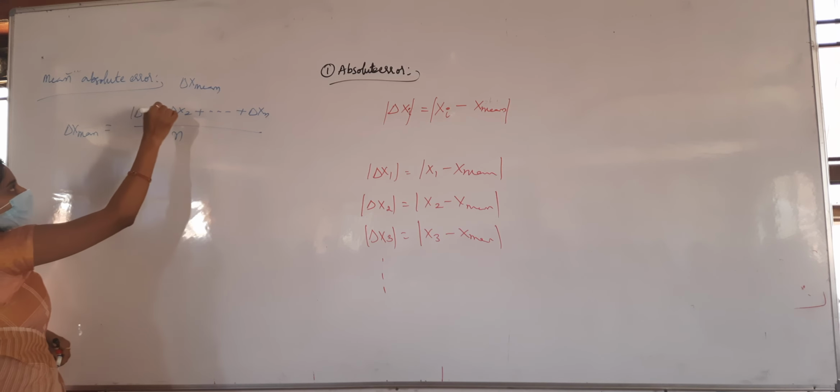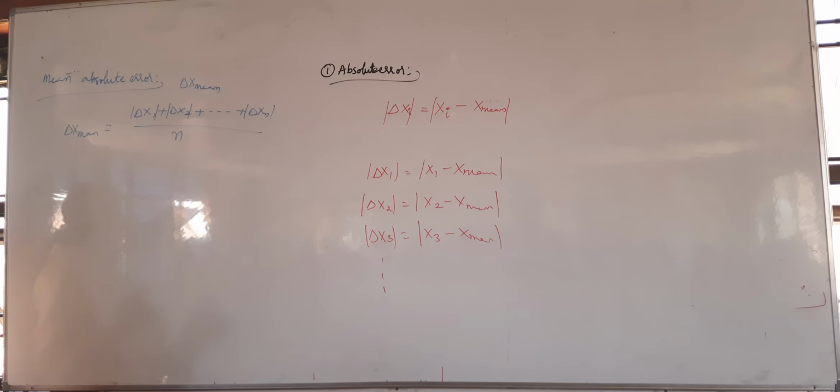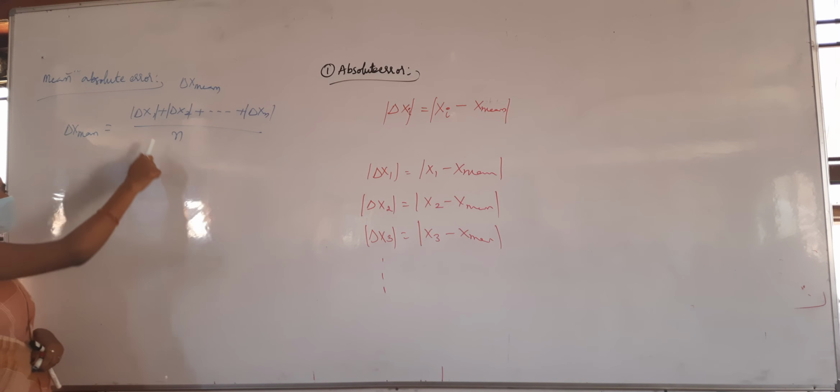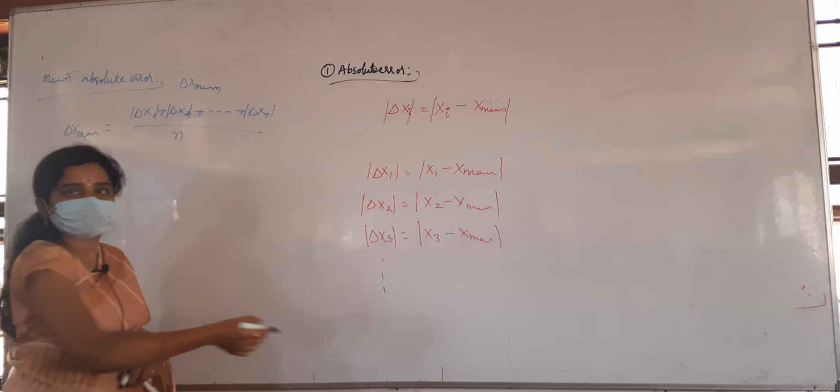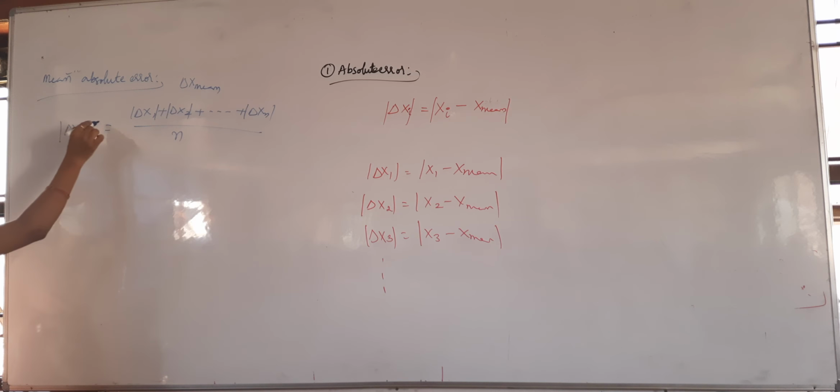All the values are modulus, by the way. Clear, you understand, right? Mean absolute error is nothing but the mean value of the absolute errors. Those absolute errors we have are delta x1, delta x2, delta x3 and so on. That is known as the mean absolute error.